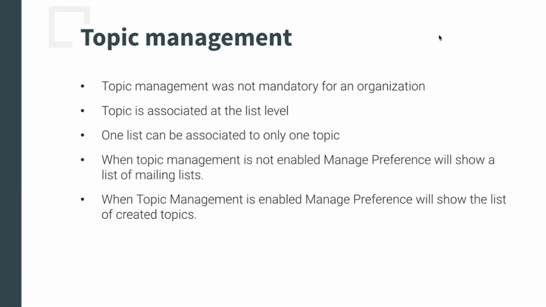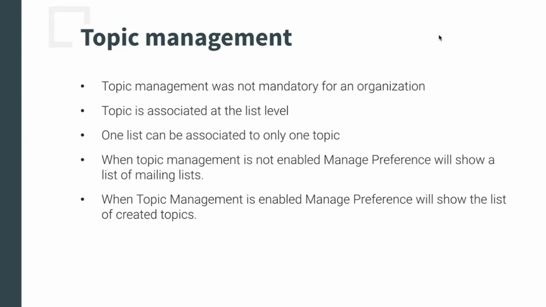If you have not enabled your topics, then whenever a user goes to unsubscribe, they could see all the lists that you have, and that could be very confusing for the end receiver, because there will be an array of lists presented in front of them.